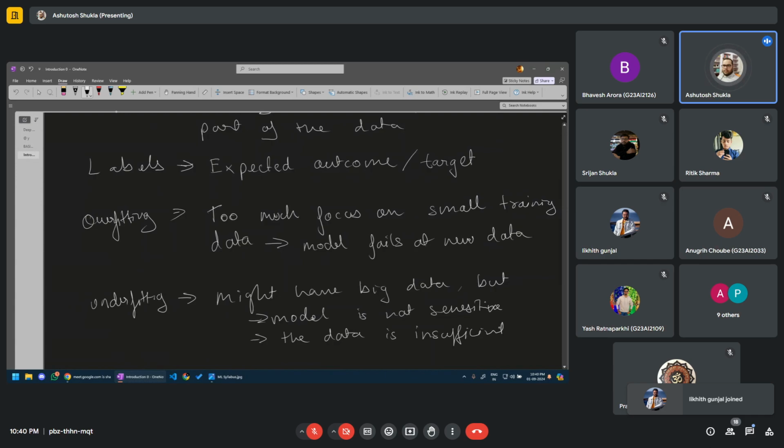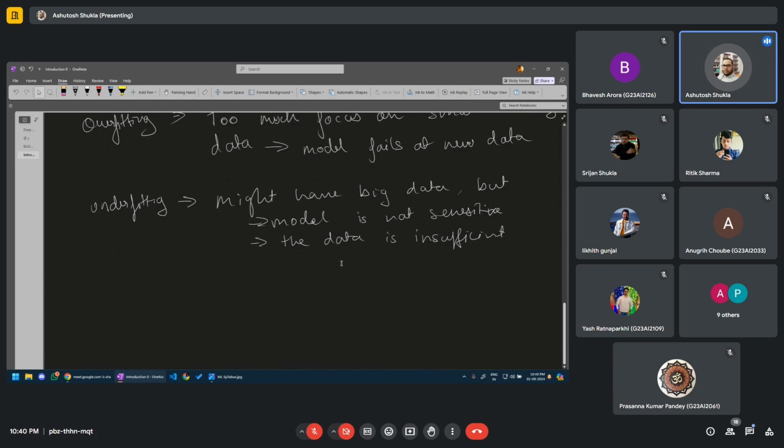So in this case, what happens is it just can't find a pattern at all in whatever amount of data you have, which means it will just fail. Like the model will fail.